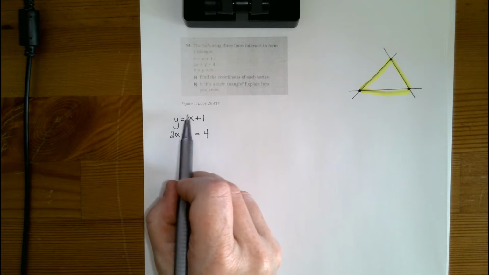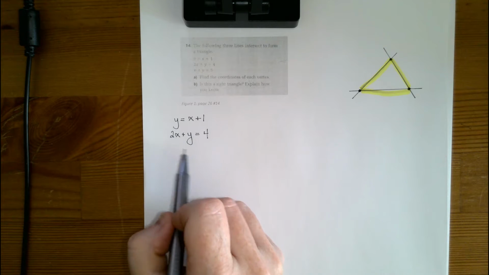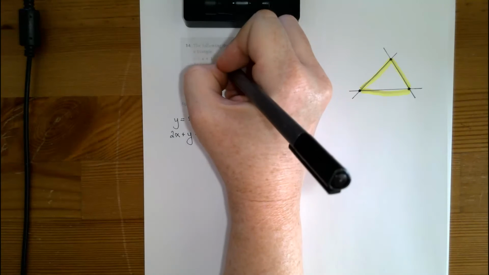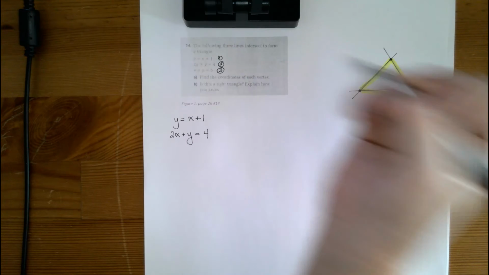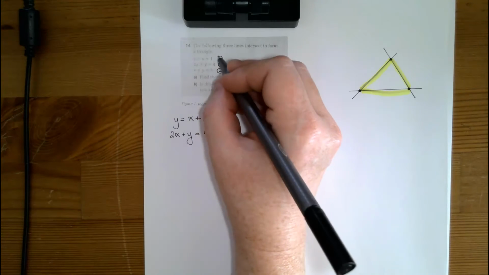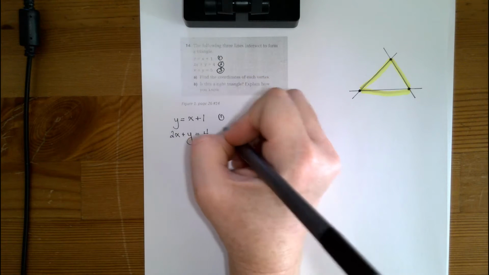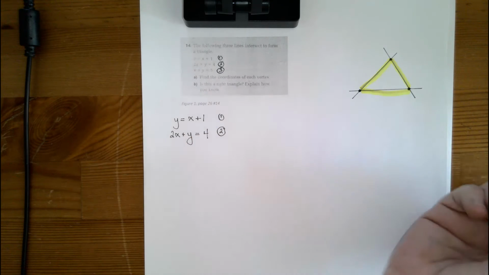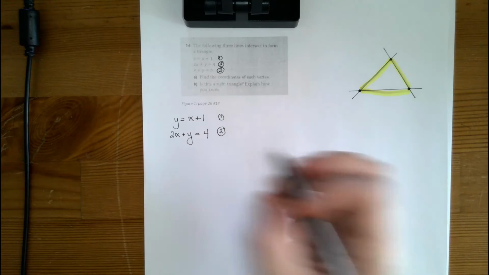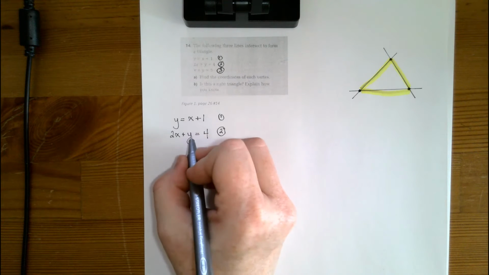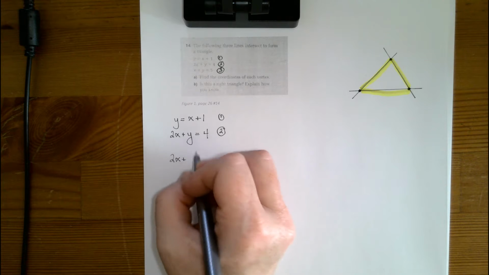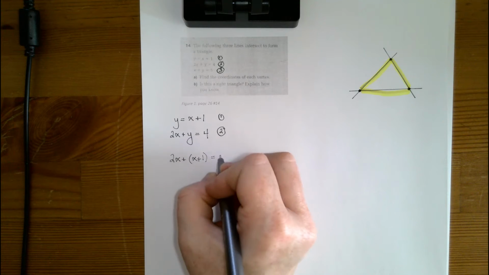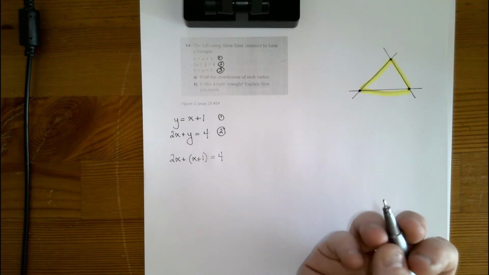I'm going to write numbers on these lines: 1, 2, and 3. I'm finding the intersection of line 1 and line 2. So I'm going to substitute x plus 1 in for y: 2x plus (x plus 1) equals 4.